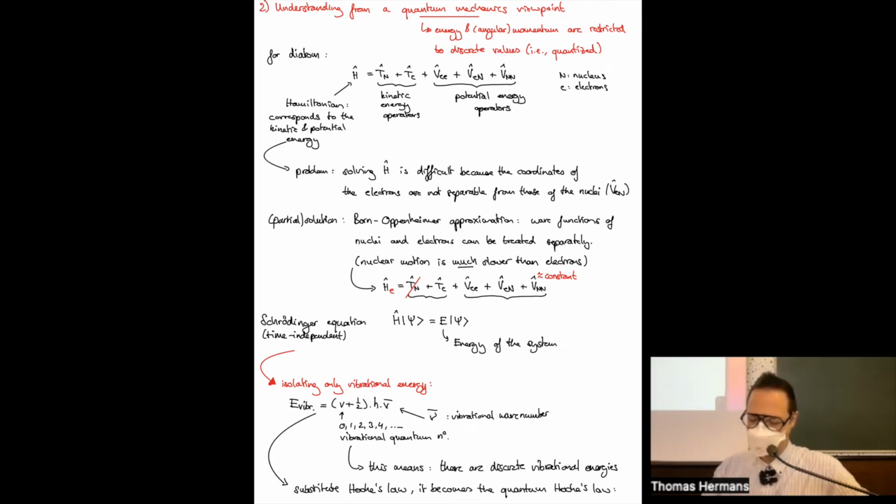Okay, so we're going to write the Hamiltonian, and we're just going to look at what these different terms are. Okay, so N stands for nucleus, and E stands for electrons.